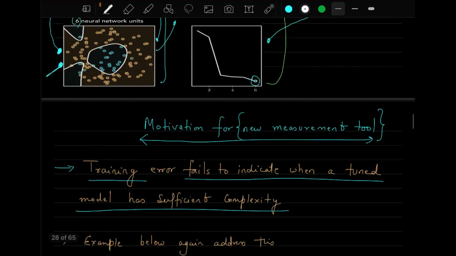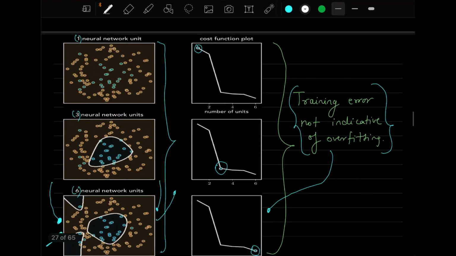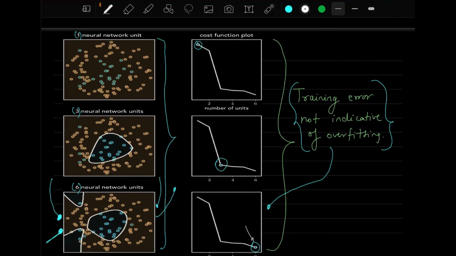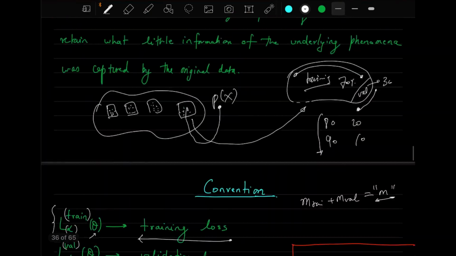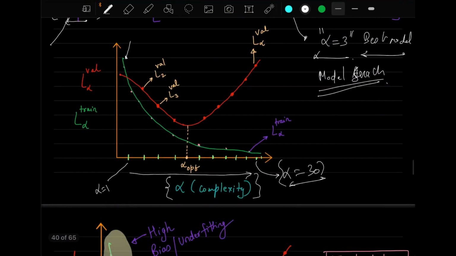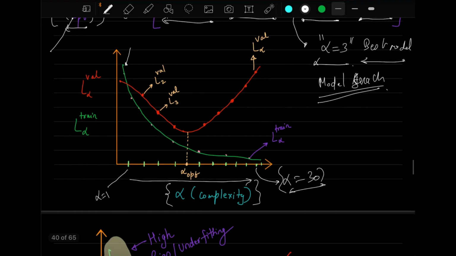As you increase the complexity, your training error is always going down. It is never coming up. This is what is shown over here. This green curve shows you that the training error is always going down. But in case of validation loss, after some value alpha opt, this value actually goes up, whereas before this point it is going down. So the process is something like this.